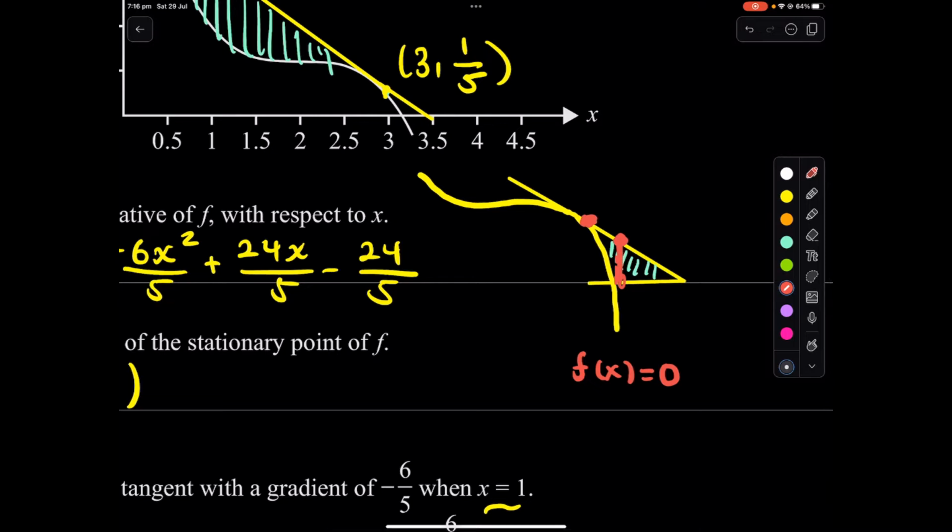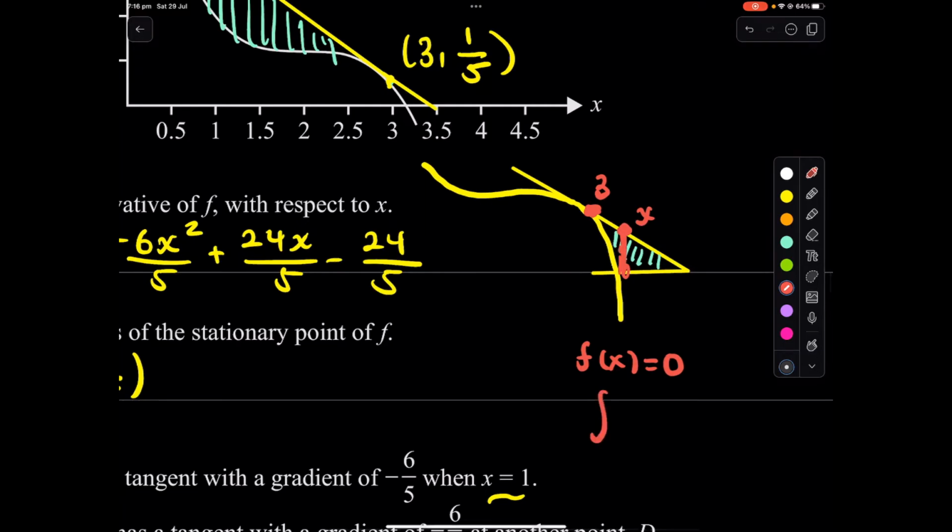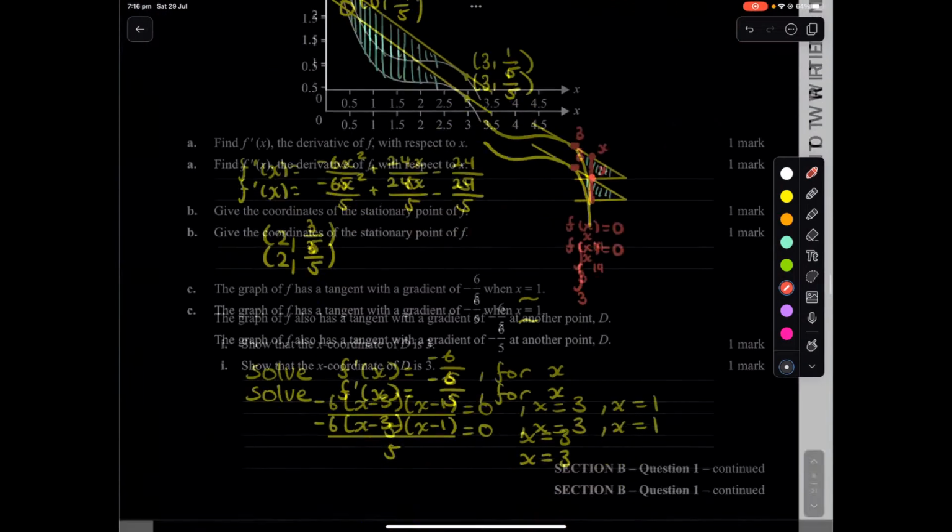That x is over here, and this one's at 3. So we can say the integral from 3 to that big number, we'll call it x, of the upper function, which is that linear line, 19 over 5 minus 6x over 5, minus your f of x. Okay, that would work.